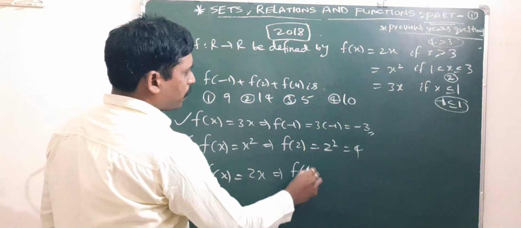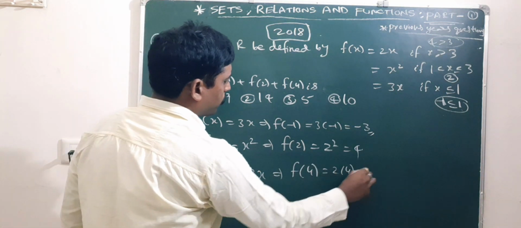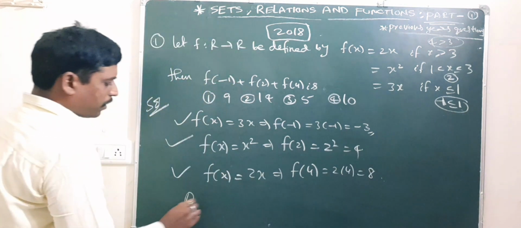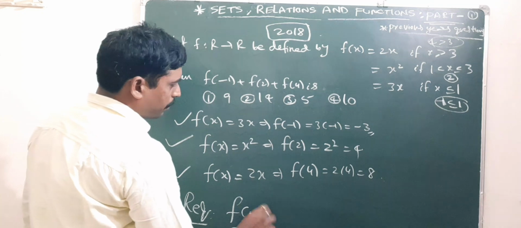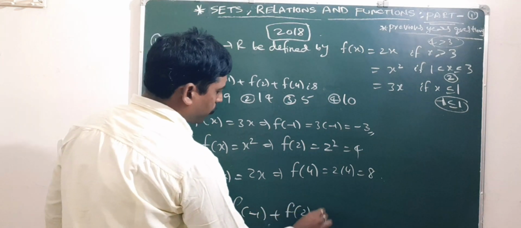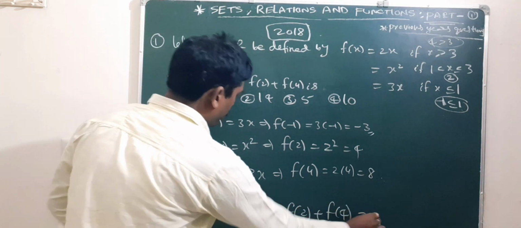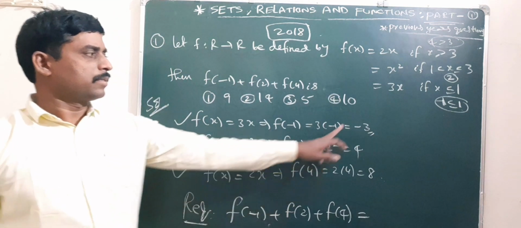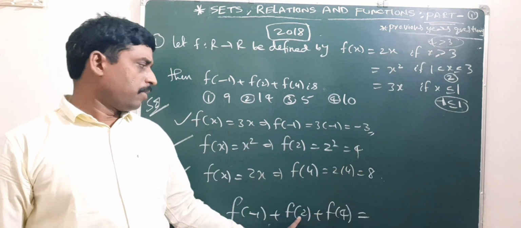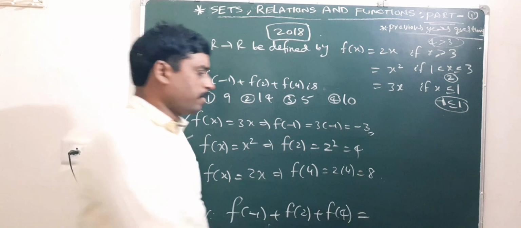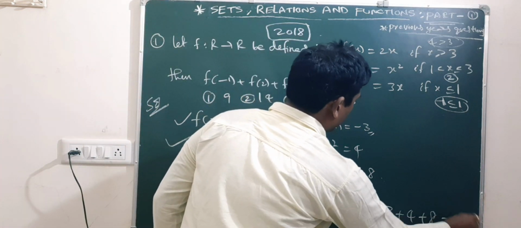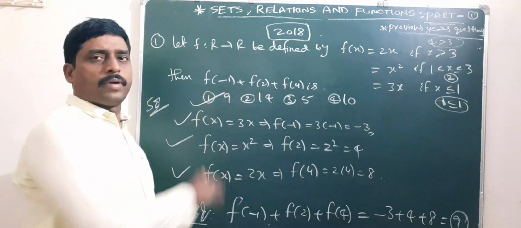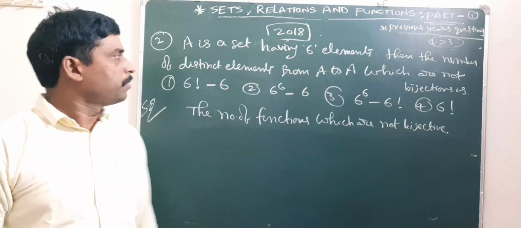Therefore f of 4 is equal to 2 into 4, equal to 8. Therefore what is required? f of minus 1 plus f of 2 plus f of 4. This will be minus 3 plus 4 plus 8, which is 9. So which option is correct? Option 1 is correct.